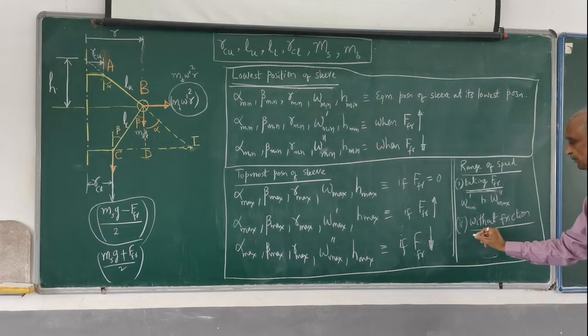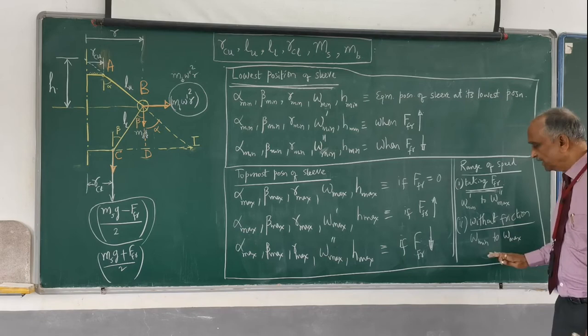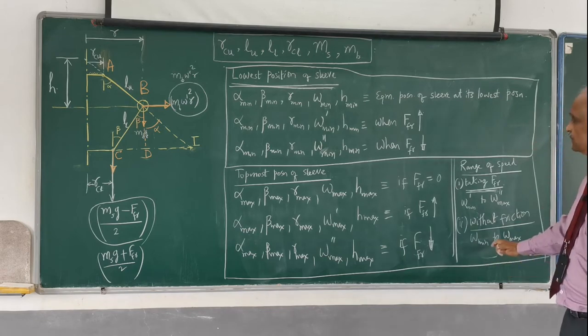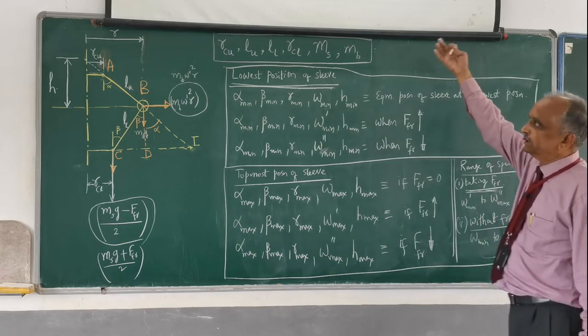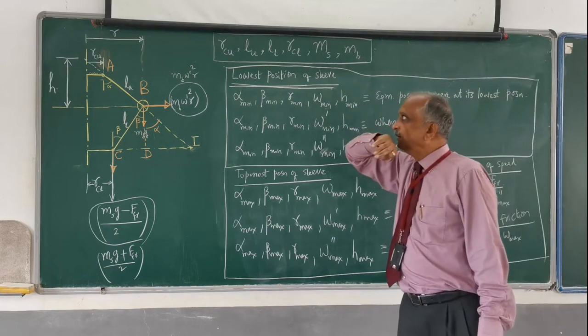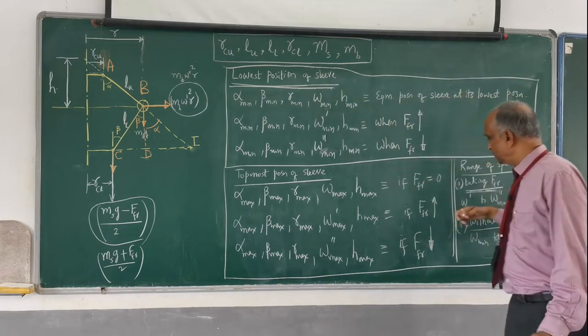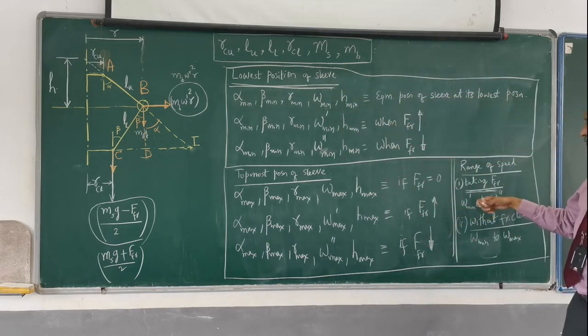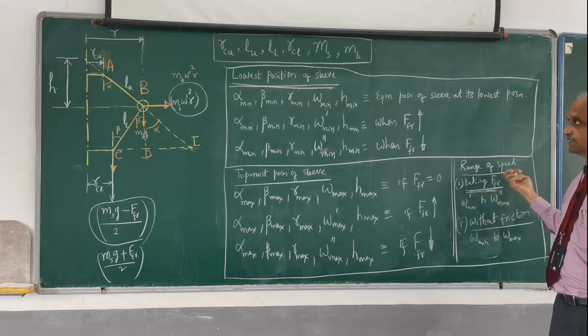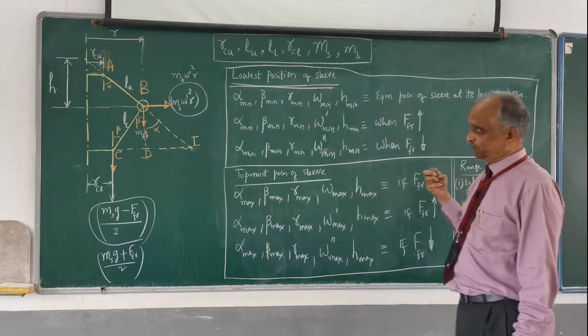And what is the highest speed? That is omega maximum. So omega minimum to omega maximum is the range of speed of the governor without taking friction into account. Similarly, if you take friction into account, then it is omega minimum dash to omega maximum double dash.